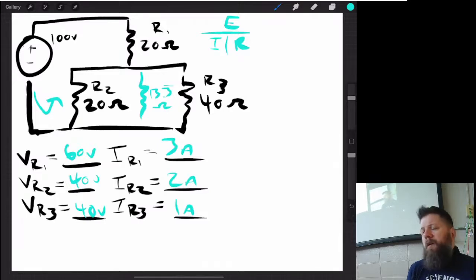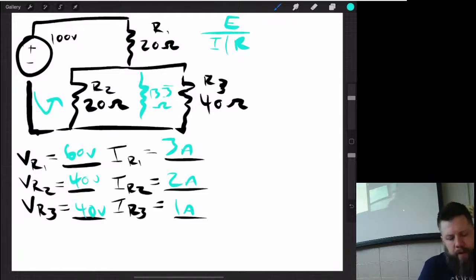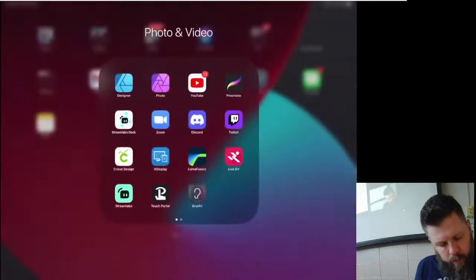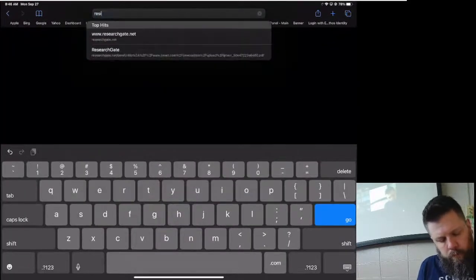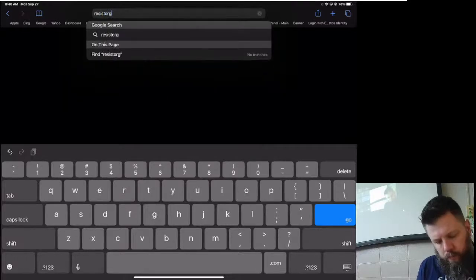All right, we want to talk about something because I want y'all to be able to dig through those big old piles of resistors and put together some networks. There's one thing we need to do though. I want y'all to find the resistor color code and find a good picture to remember.